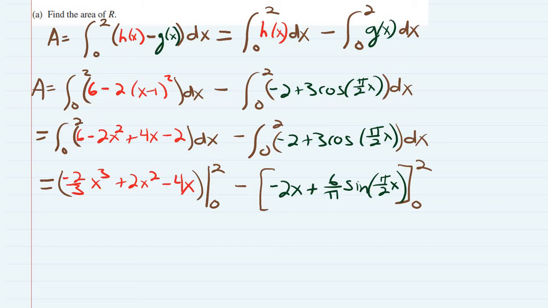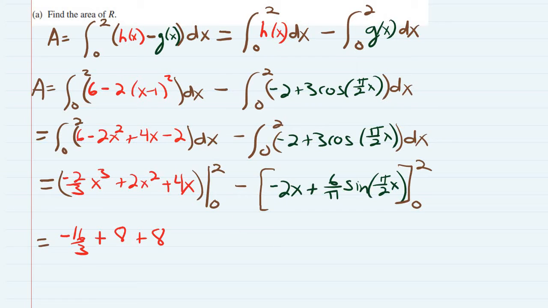The math here gets pretty easy when you see that plugging in a 2 here is going to give me negative 16 thirds, and this should be a plus 4x up here. This would be a plus 8 and a plus 8.